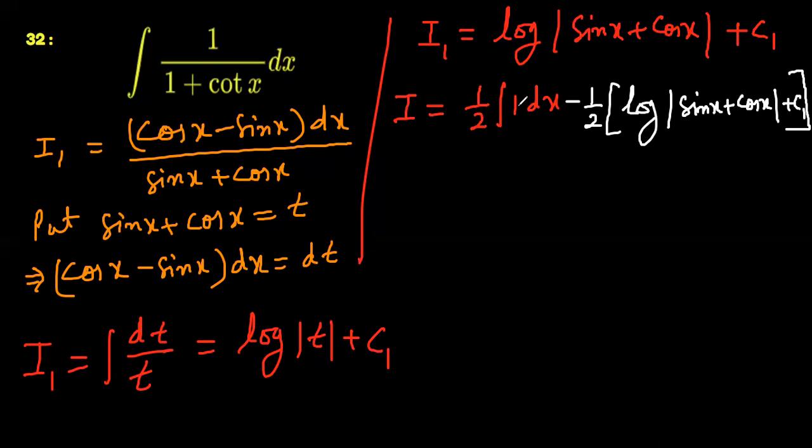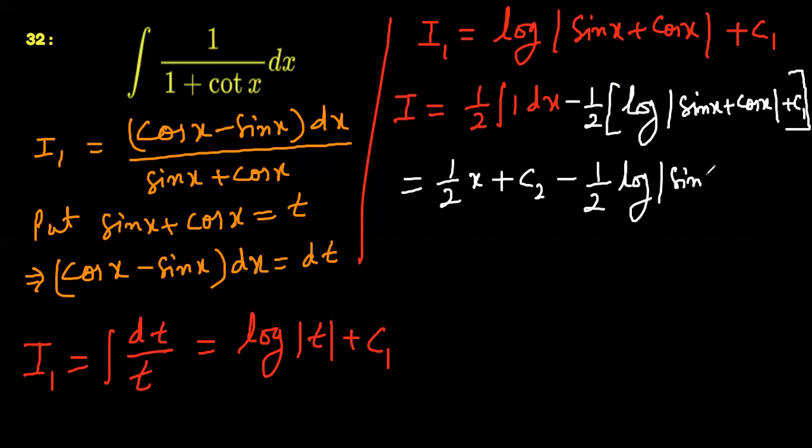When you integrate this, it would be equal to half of 1, meaning x, plus some constant, let's say c2, a number. We always add a constant here. And minus this part, which is half of log of mod (sin x plus cos x) plus c1 by 2, because this c1 will also get divided by 2 when you open the bracket. And you can write your answer finally.